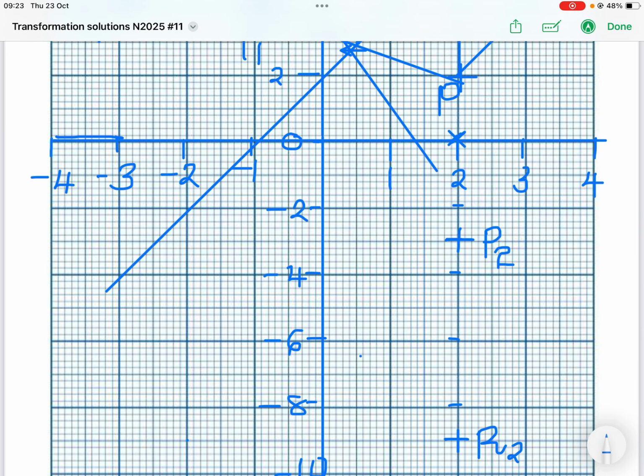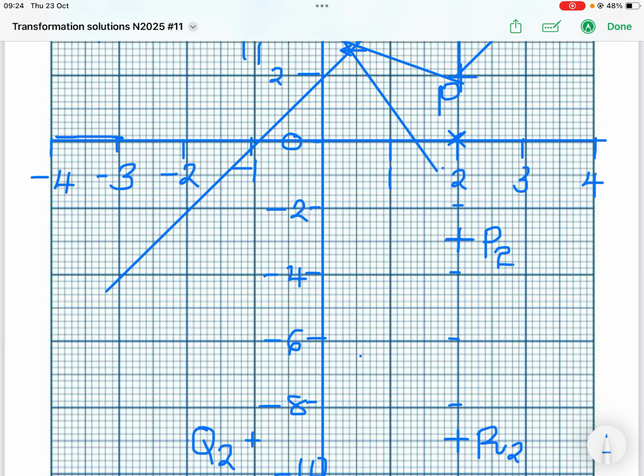So minus 1 and minus 9, it is this point. If we measure from this point to this point, we are having 12 centimeters. And then from this 0 to point Q, we are having 8. So we are going to plot this point as our Q2.